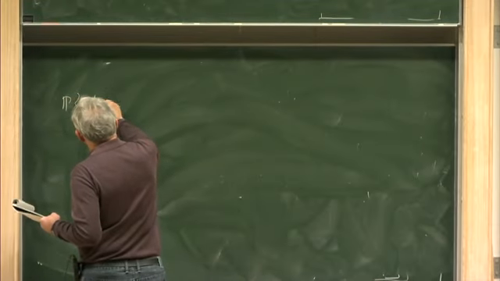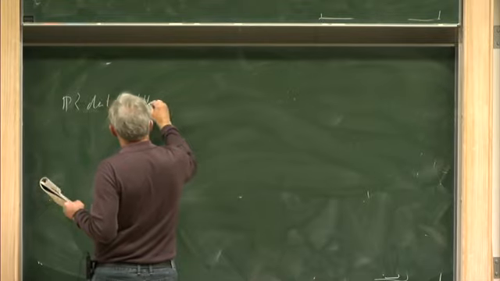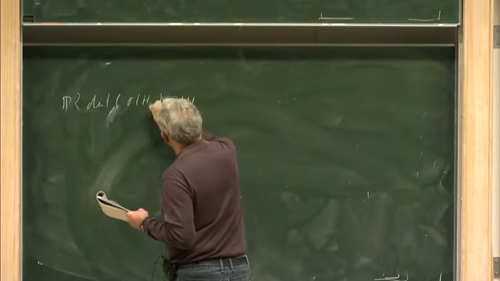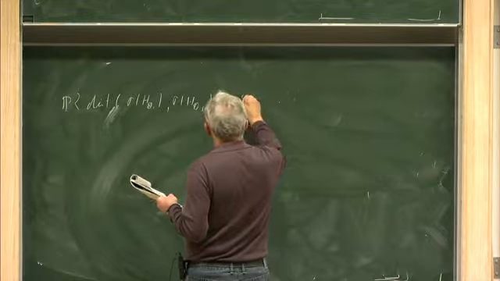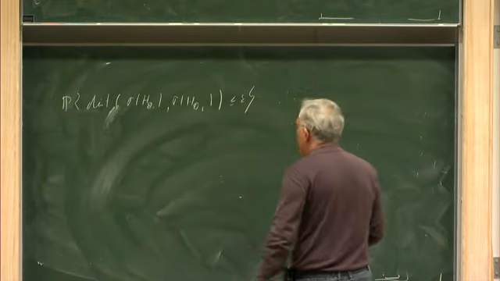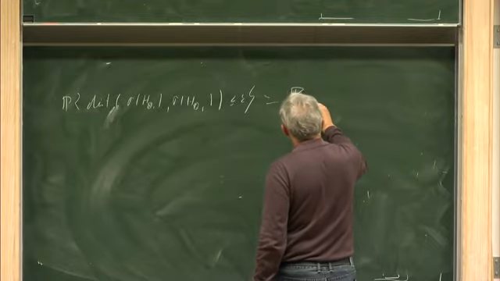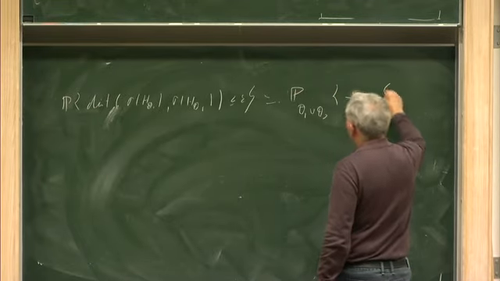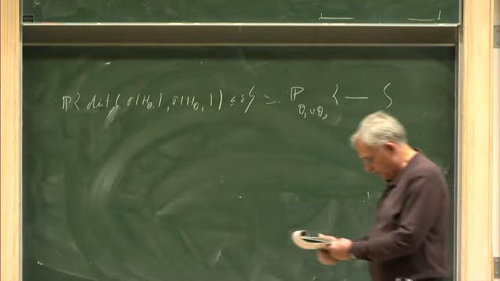So, the first thing is that I look at the probability that the distance of sigma lambda 1, sigma lambda theta 2 is less than epsilon. The first thing is that the only random variables here are the random variables associated to the union of these two regions, right? There's nothing else there.